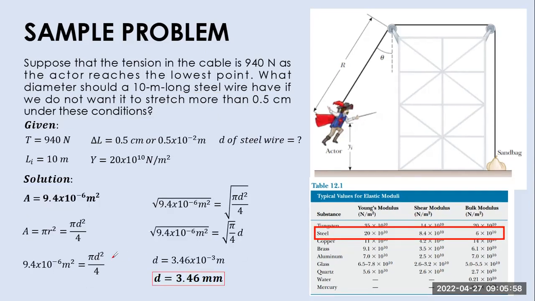Next, we will get the diameter. What is the diameter? This is the actual question of our problem. From our area, we can get the diameter. The formula for area is pi r squared, or pi d squared over 4, so we will use this. Substituting the area, we have 9.4 times 10 to the negative 6 meter squared equals pi d squared over 4.